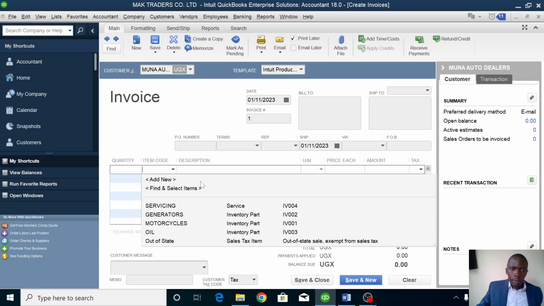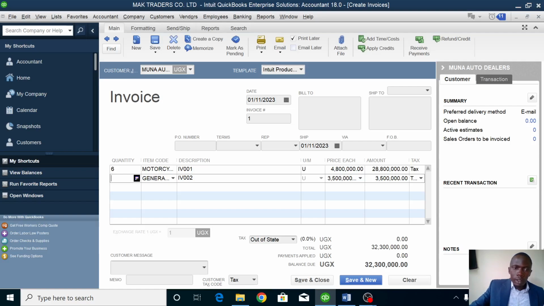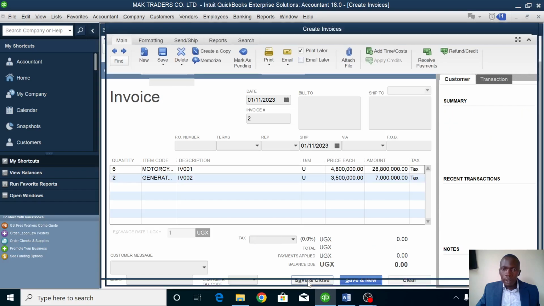Then we go to item. The item was motorcycles. Then the quantity was 6. So we go to another item. It was 2 generators. Then we save and close.